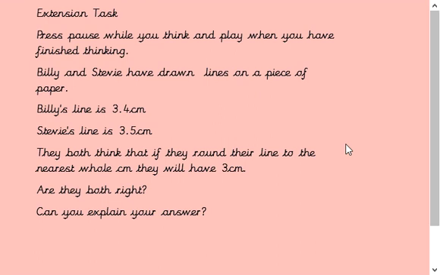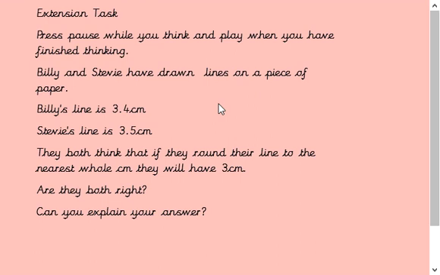It's somewhere in between. So the first thing I would need to do is look at the tenths column. In this case, there's 4 in there. If you think back to our independent learning, 4 or less, we need to round it down. So Billy's line is rounded down to 3 centimetres.